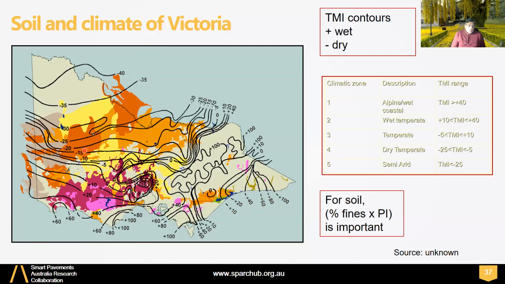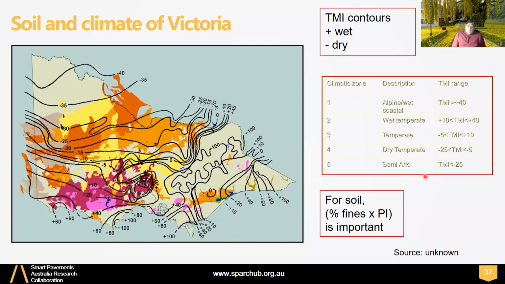Negative, more negative is drier climate, as you can see in the middle. And when you go to the alpine region, you'll go to plus 100, lots of rain. And in Melbourne, it is around 40 here, and then eventually comes to slightly negative towards the west, where it dries out. So these are typical classifications.